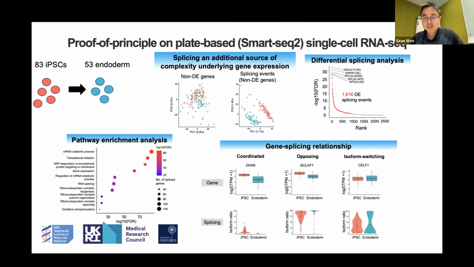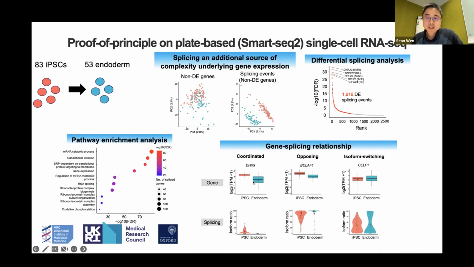We can also try to look into the relationship between gene expression and splicing. For example, we can stratify the relationship between gene and splicing into three different categories. The first category is coordinated. It means that the direction of gene expression change is the same as the direction of splicing change.